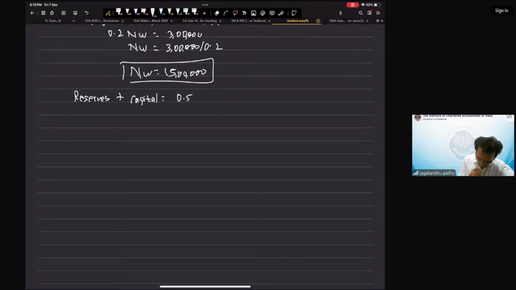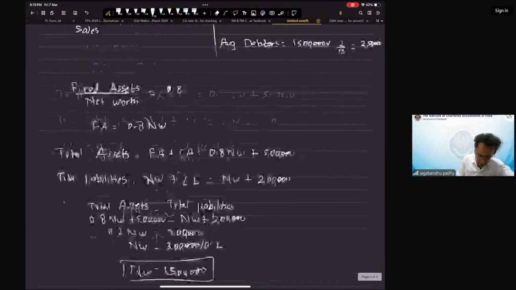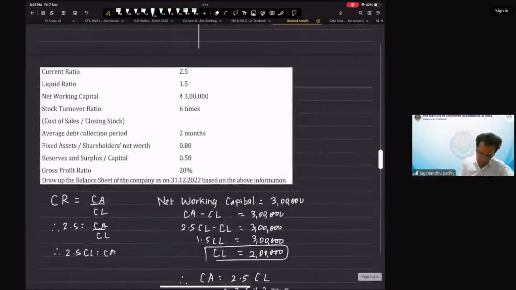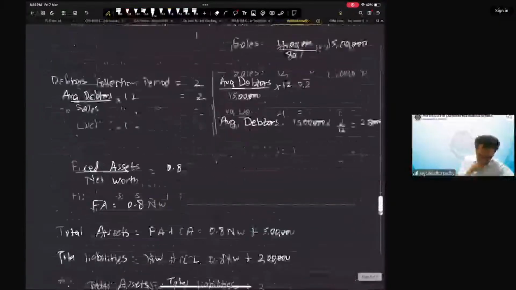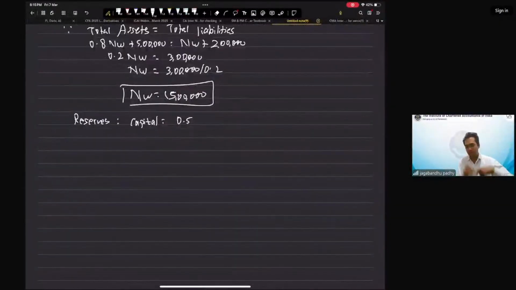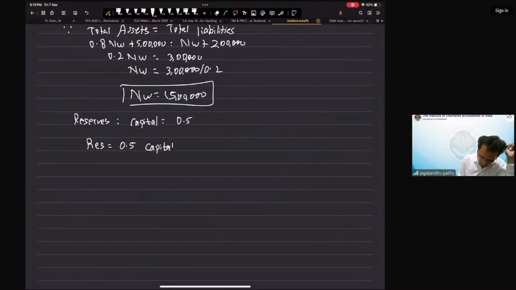So reserves to capital ratio is 0.5. So this is going to be reserves will be equal to 0.5 times of capital.